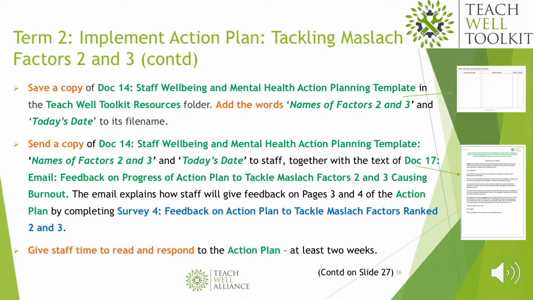As before, change the file name of document 14 and save it in the Teach Well Toolkit Resources folder. Send out the text of document 17 and the action plan to staff. Staff complete Survey 4, feedback on action plan to tackle Maslach factors ranked 2 and 3.